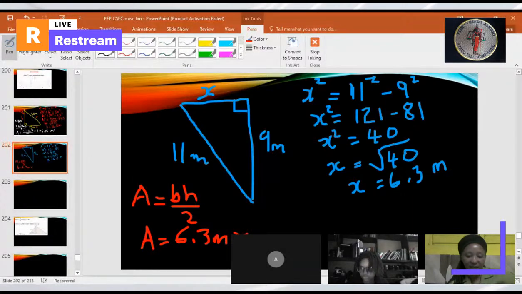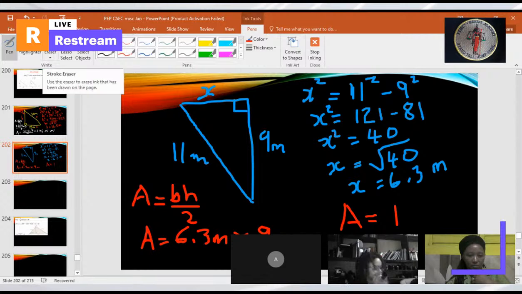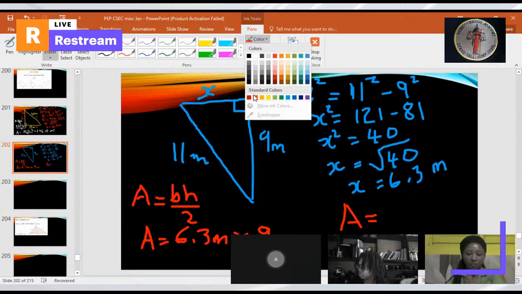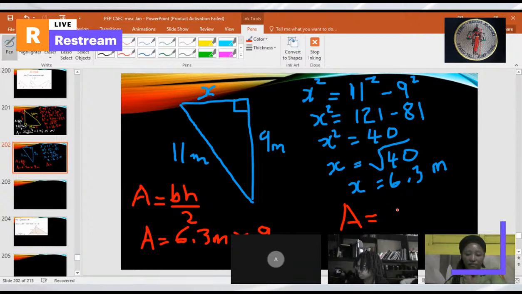So 6.3 times 9 is 56.7. And what is the unit? Meters. So 56.7 meters.